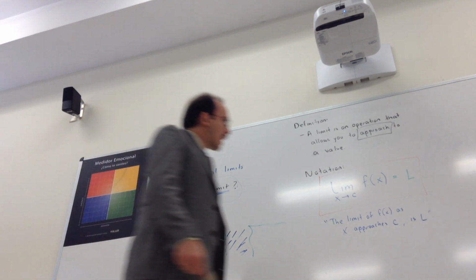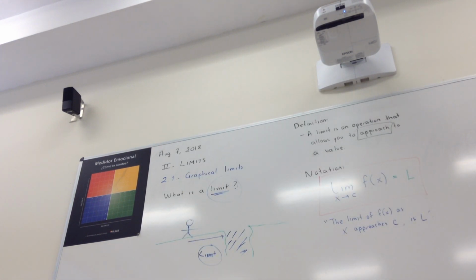Okay? So, how do we represent this using graphs of functions? In some cases, with asymptotes. But for example, let's say that I have a function, any kind of function. But to make it easier for you, I'm going to use a linear function. Example, let's say that is this line.